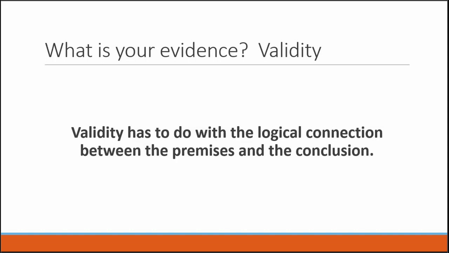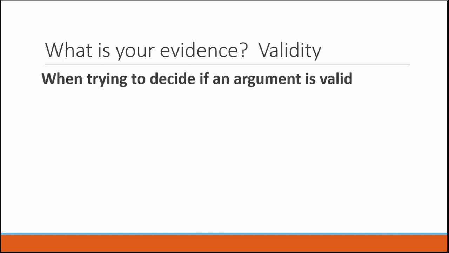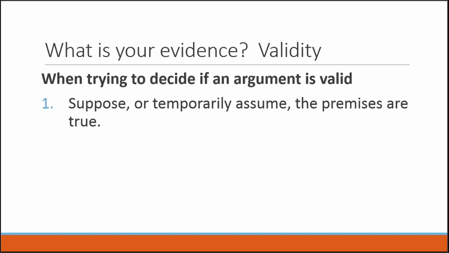So, here's a strategy, a way of trying to decide when the argument is valid. First, suppose or temporarily assume the premises are true. You don't have to believe them forever, but just when trying to determine validity, assume for the moment that the premises are true.